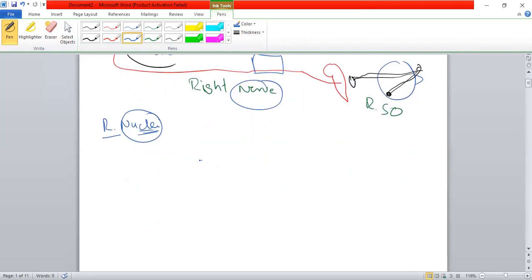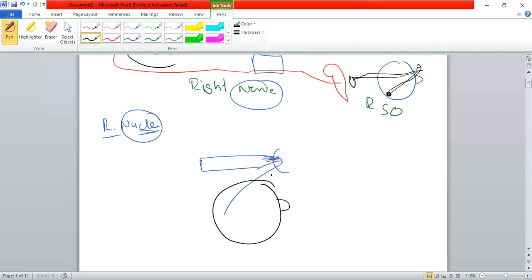Suppose this is the muscle, and here is the pulley. By moving through the pulley, it comes and supplies the lateral inferior portion of the eyeball. So this is the eyeball. It comes and supplies the lateral and downward portion of the eyeball.